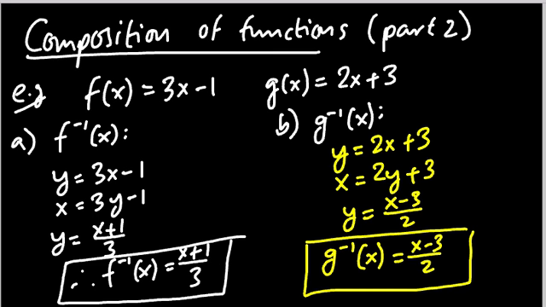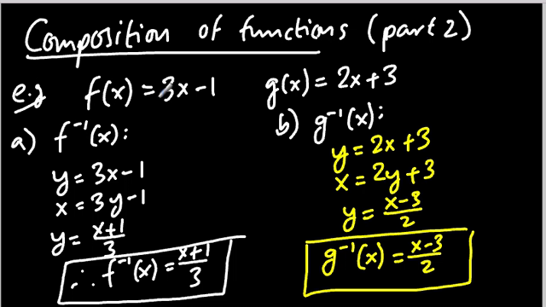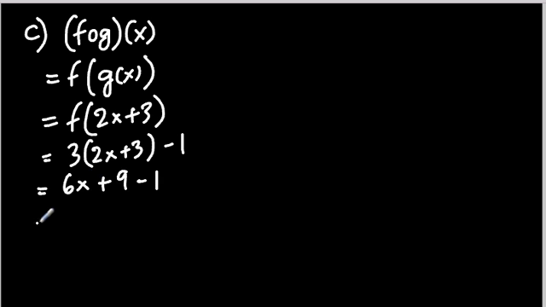Well, that's 2x plus 3. So it's going to be f of 2x plus 3. And what's f? 3x minus 1. So it's 3 times something minus 1, and that something is 2x plus 3. If you expand that, it is equal to 6x plus 9 minus 1. And that's equal to 6x plus 8.